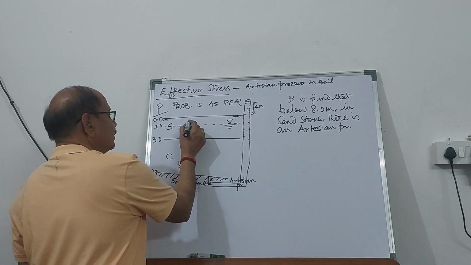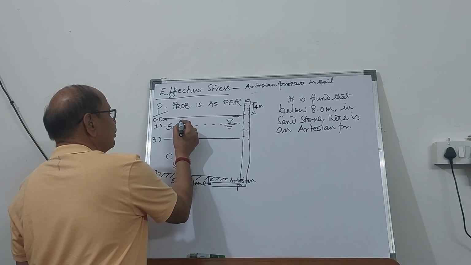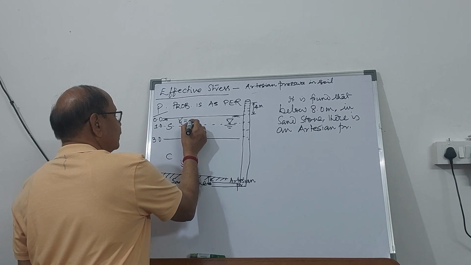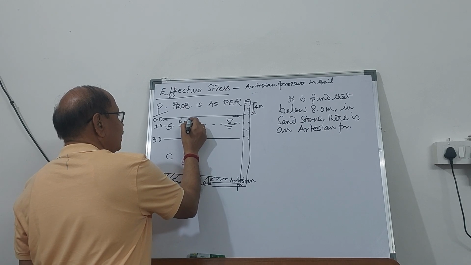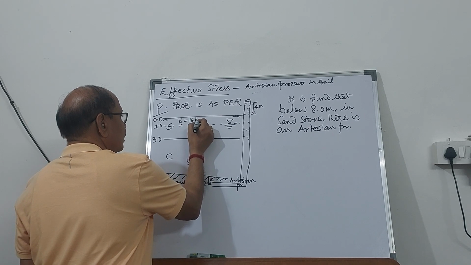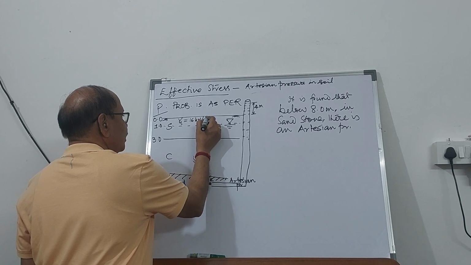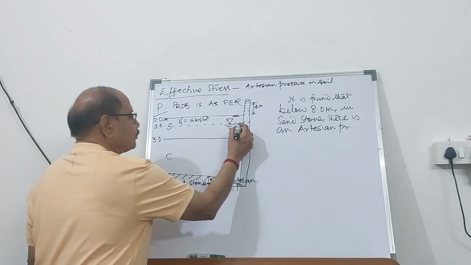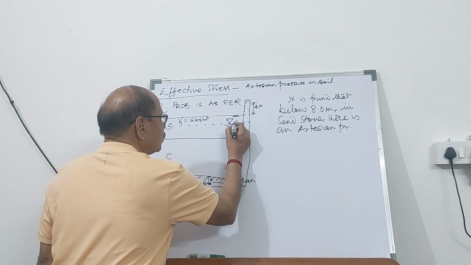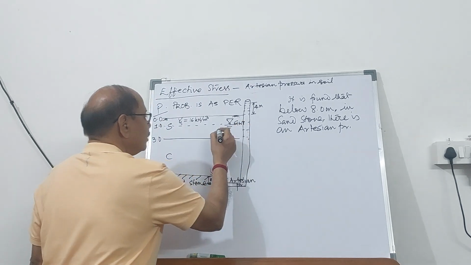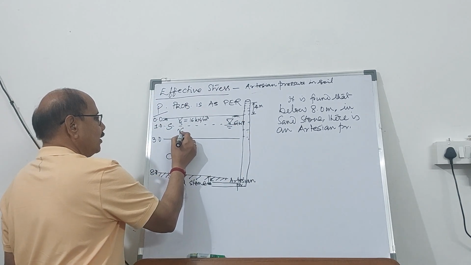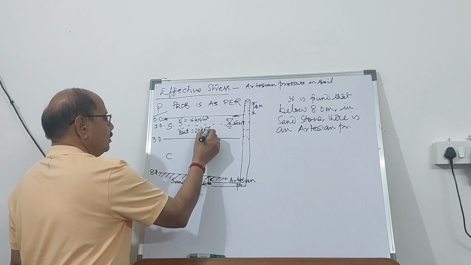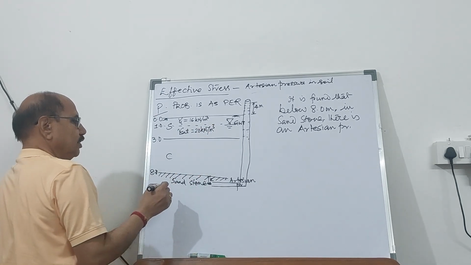And above the groundwater table, the total unit weight of this moist soil is 16 kilonewton per cubic meter. Below the groundwater table, gamma saturated is 20 kilonewton per cubic meter.